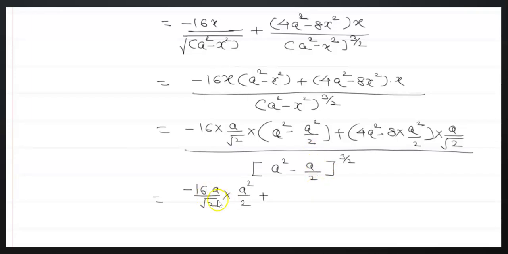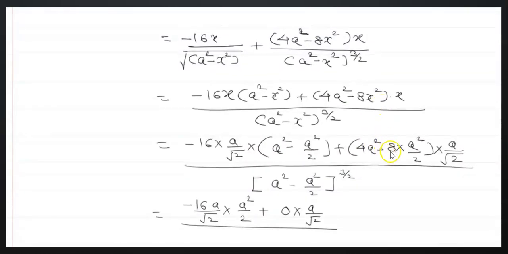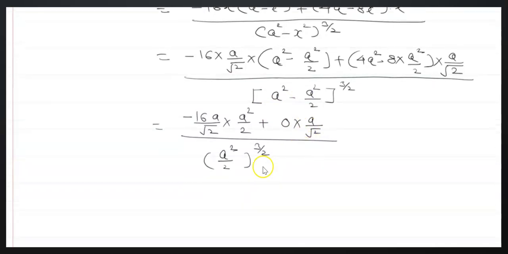There is minus 16a upon root 2 into, if you simplify this, you will get a square upon 2, and here is 0 into a upon root 2. Here is a square upon 2, and a square minus a square upon 2 is nothing but a square upon 2 raised to 3 by 2.